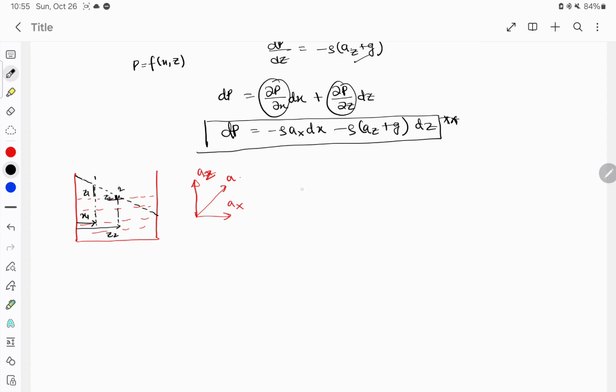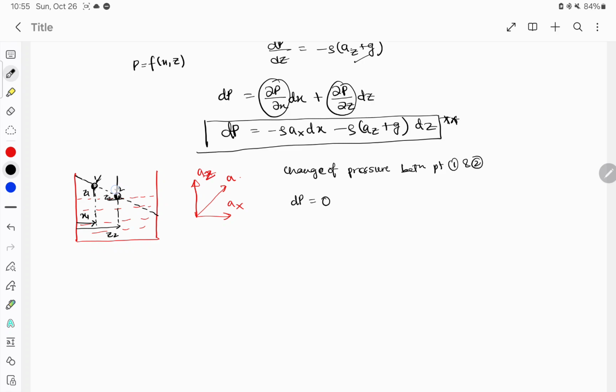So pressure at point P1. We know that dp, the change of pressure between point 1 and point 2, will be what? 0, because both are at atmospheric pressure, right?